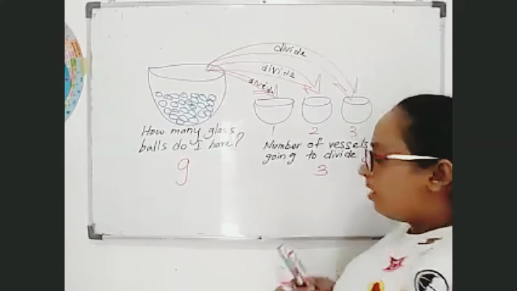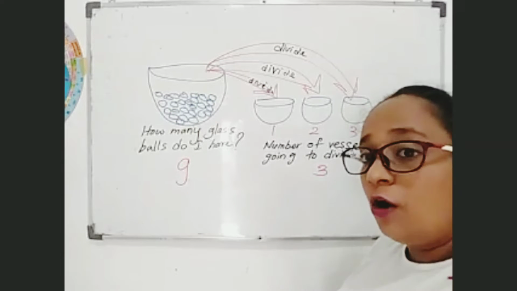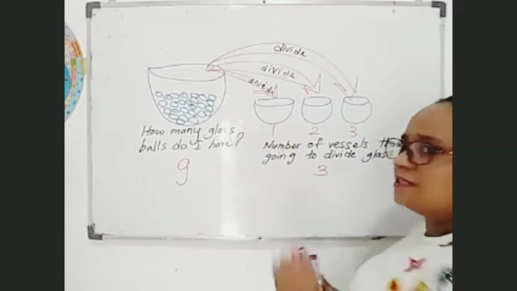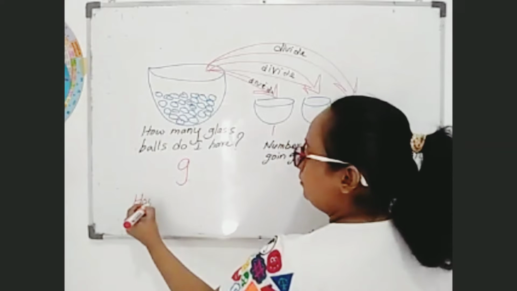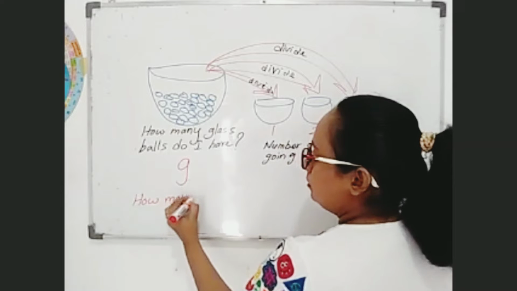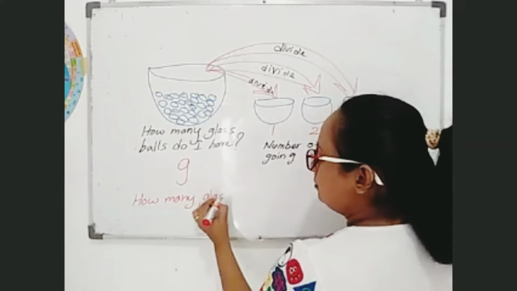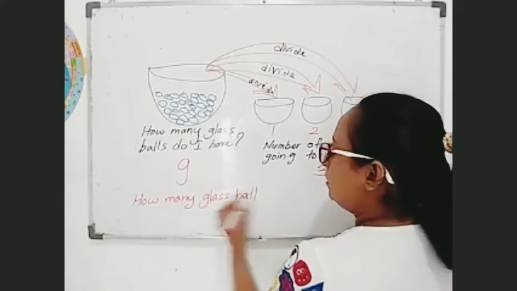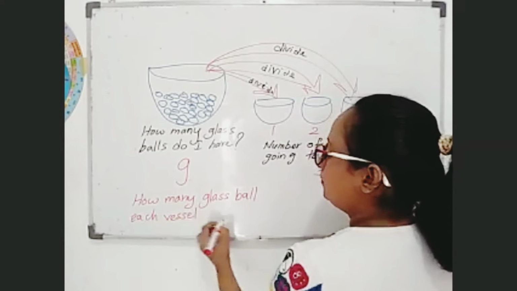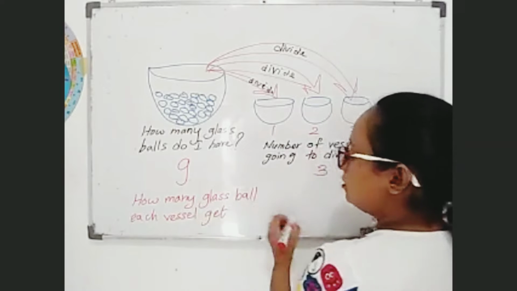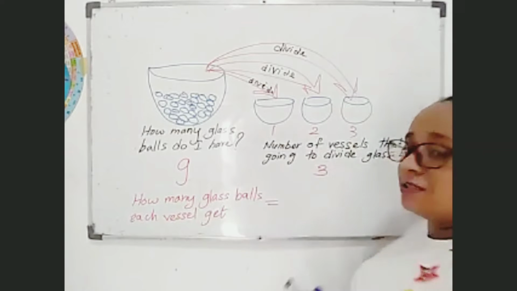So how many glass balls does each vessel get? So my question is, how many glass balls does each vessel get?